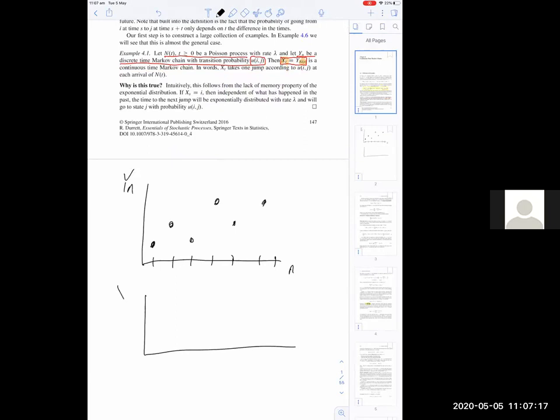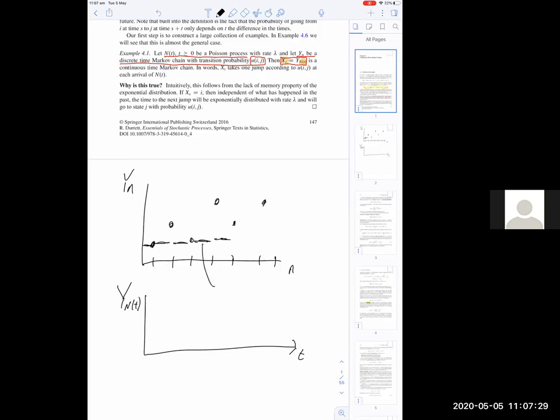What you've got here is Y of N of t, and you've got a continuous time process. Now, the time between events, instead of being at unit distance like they are here, you're going to take them as exponential random variables. Each one is exponentially distributed with the same rate lambda.